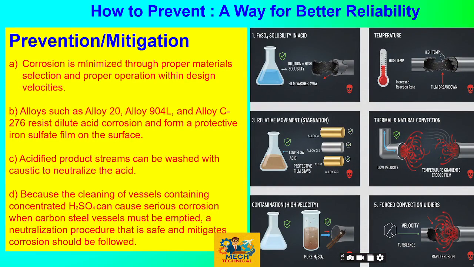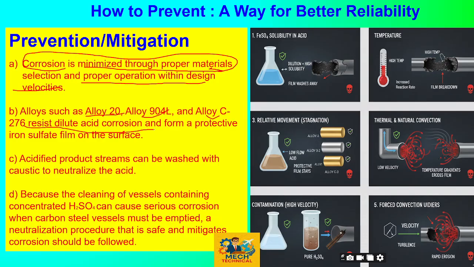Now the question comes of how to prevent sulfuric acid corrosion. First of all, corrosion is minimized through proper material selection, which we have seen. Proper material selection is very important, as is proper operation within design velocities. Alloy 20, alloy 904L, Hastelloy C276 resist dilute acid corrosion by forming a protective iron sulfate film on the surface.